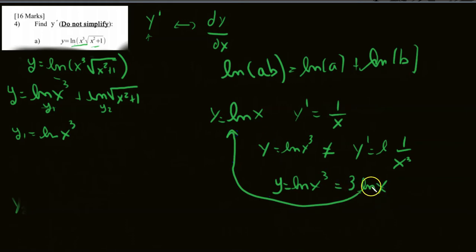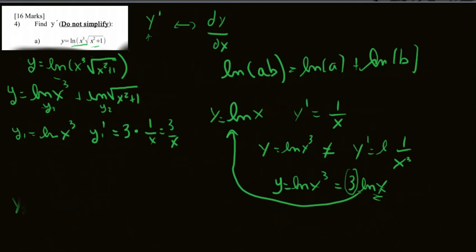You can differentiate it. Constant, you can bring it to the front of the differentiation and just differentiate ln x. So y1 prime would be 3 multiplied by the differentiation of ln x, which is 1 over x, so it is equal to 3 over x.